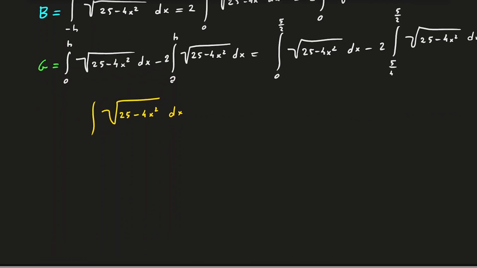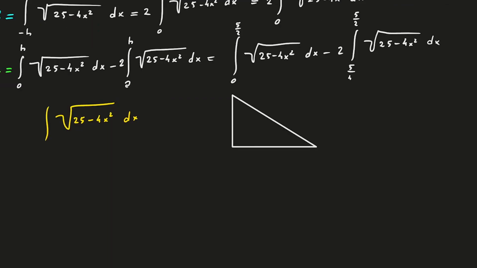And how can we do this? Well, whenever we have under the square root a quantity squared, in this case 5 squared, minus this, that is 2x squared, we can use a trig substitution. In fact, if we have a right angle triangle like this, if this side has length 5 and this has length 2x, this side that we call r has length the square root of 25 minus 4x squared using the Pythagoras theorem.